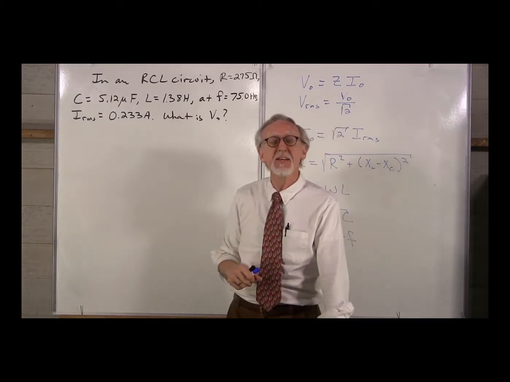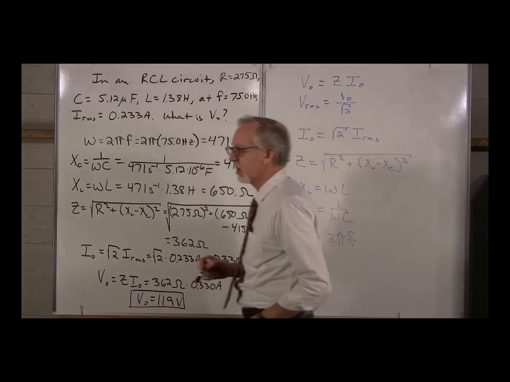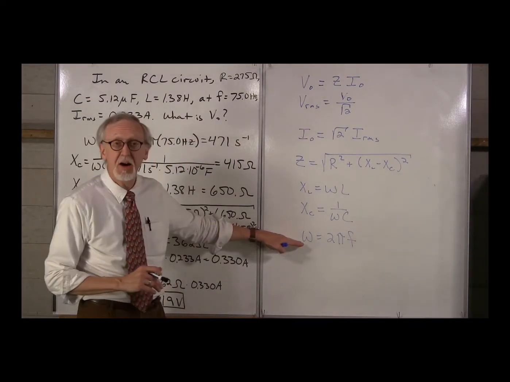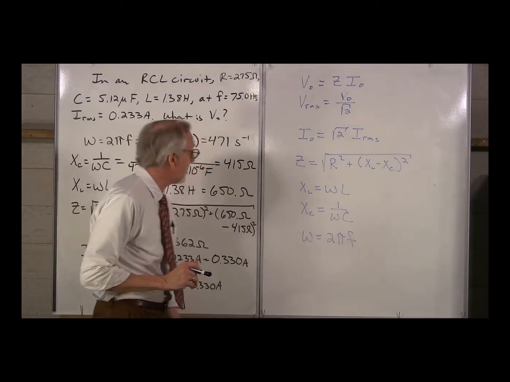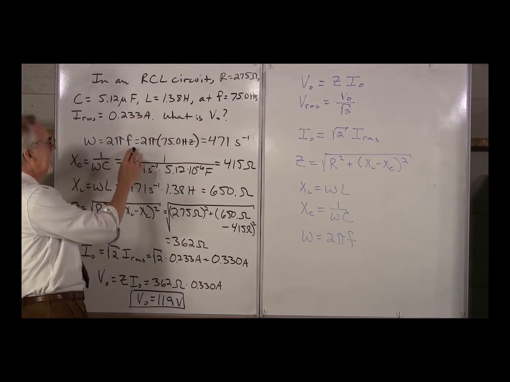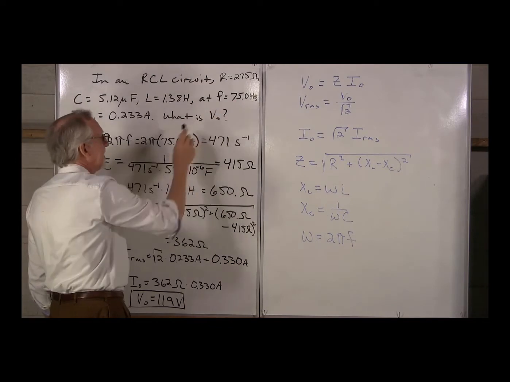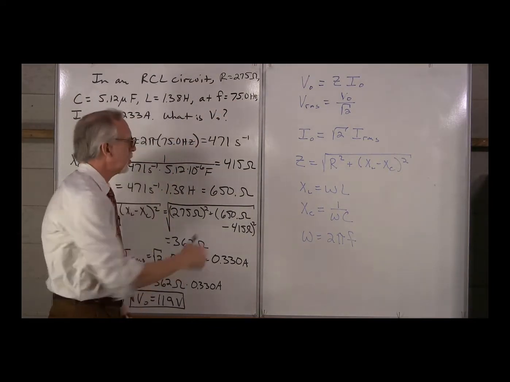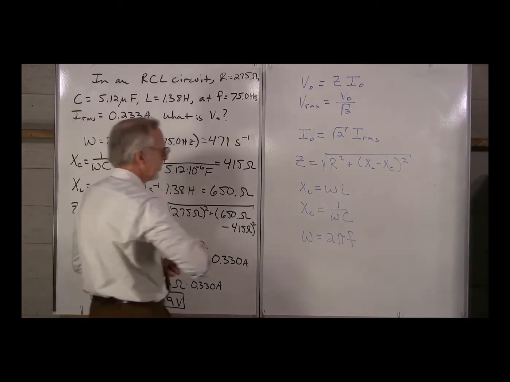Let's stick the numbers in and see what we get. Working from the bottom and going up, we need to find omega, which is 2 pi f. Omega, 2 pi f, is 2 pi, and we know f is 75 hertz, so that is 471 radians per second, or inverse seconds.